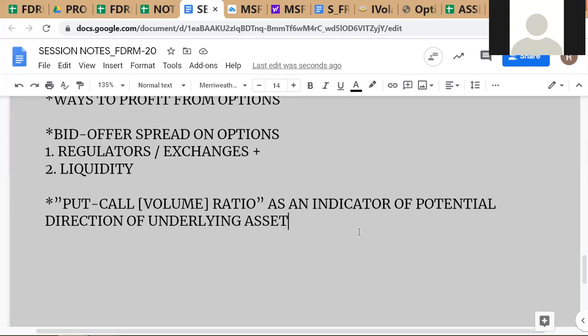Relatively high call volume is generally seen as a bearish indicator because small investors are supposed to be kind of stupid, I guess. So they're buying calls a lot. That means that the market is likely to be topping out. So the short answer is that it works as a contrarian indicator.